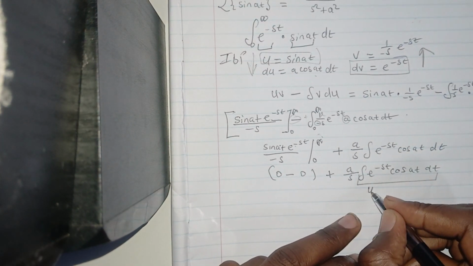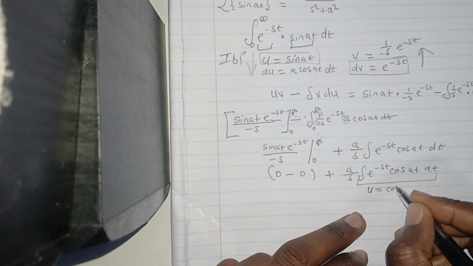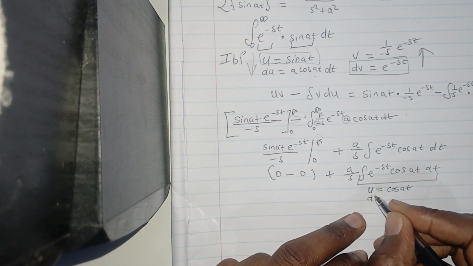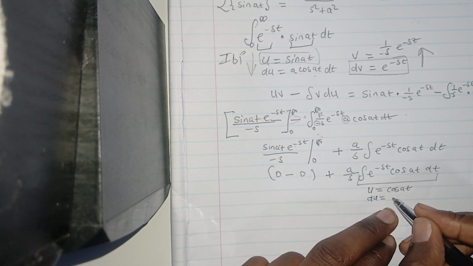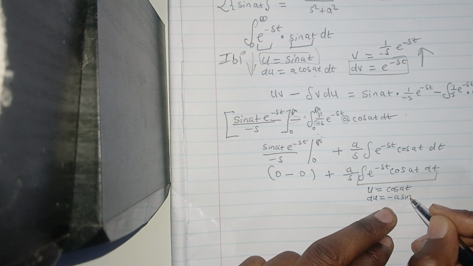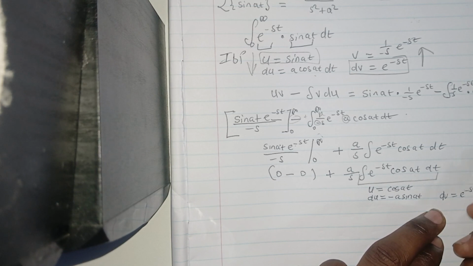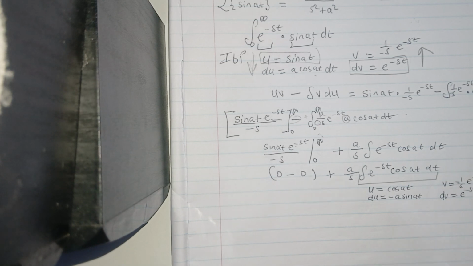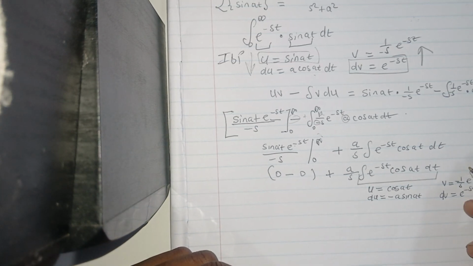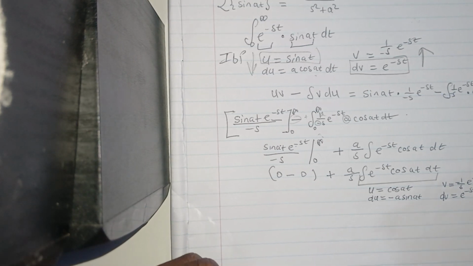So that means u is equal to cos at, du is equal to negative a sin at. Then our dv is equal to e^(-st). Then our v will be 1 over s e^(-st), or we can just take this and put it in the numerator. Then it will be easy.